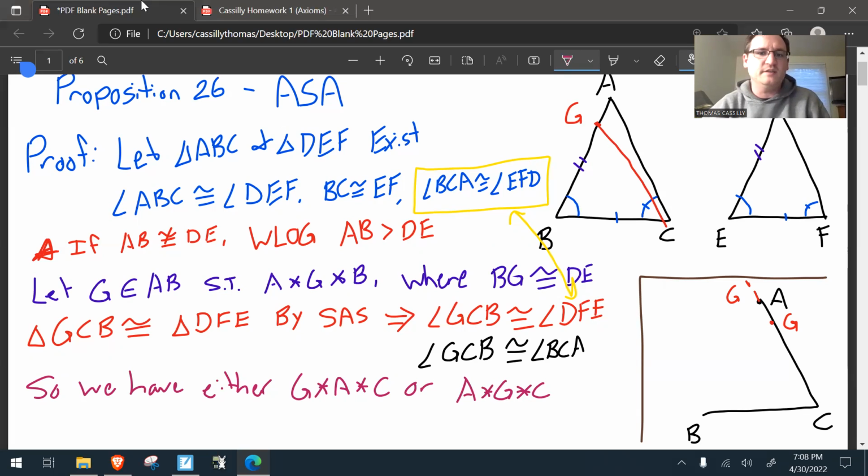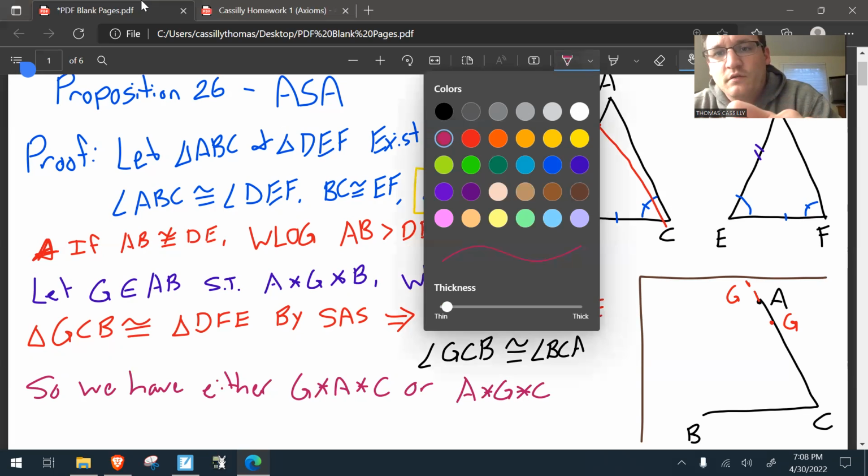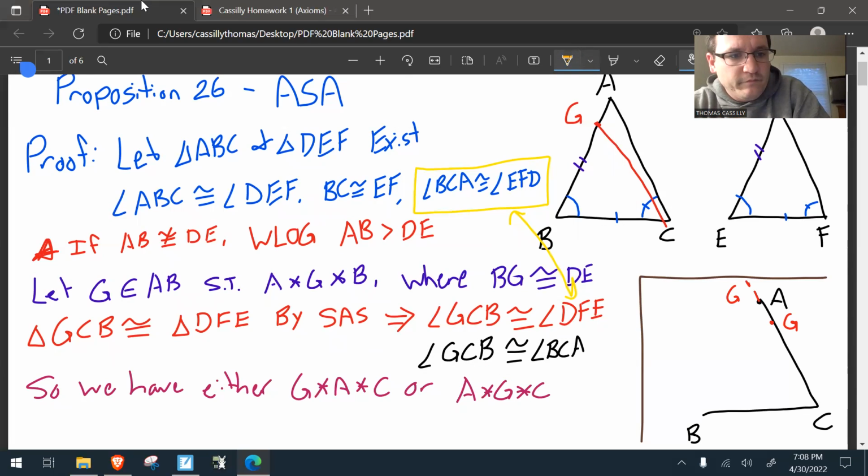And normally that's not a big deal. But if we look up at the way that we constructed point G originally, we originally let G be a point on AB. So what this means is that point G is lying on two lines, which is okay in some instances, but these two lines have more than one point in common. So essentially, GA is on both line BA and line AC. And that is a contradiction.